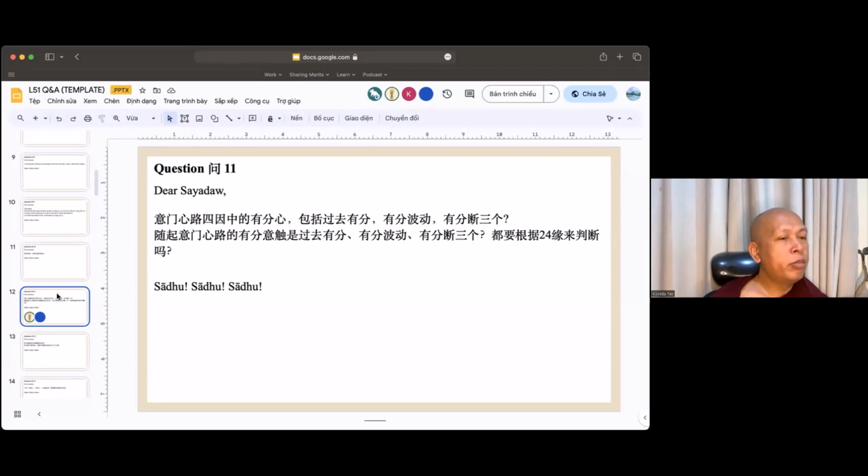So this then about the Tadanuvattika Manodvara Vithi. There are also Mano Sampassa, and there are also Atita Bhavanga, Bhavanga Calana, and Bhavangupaccheda. So should all these three need to be analyzed by using the 24 Paccaya?